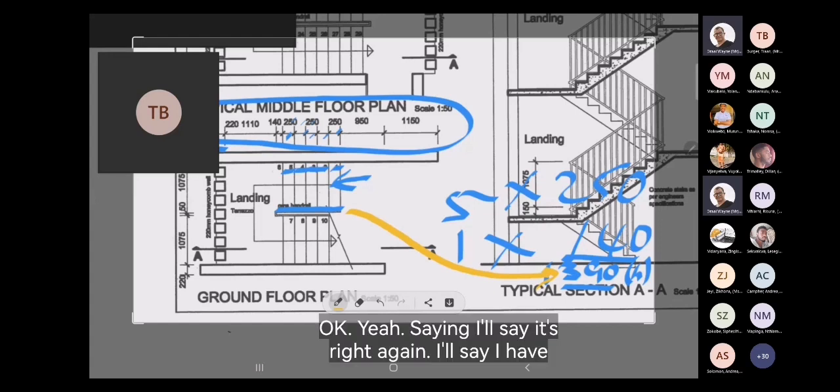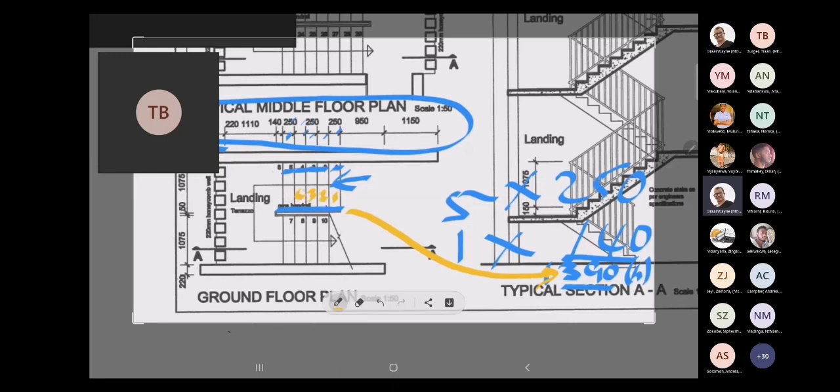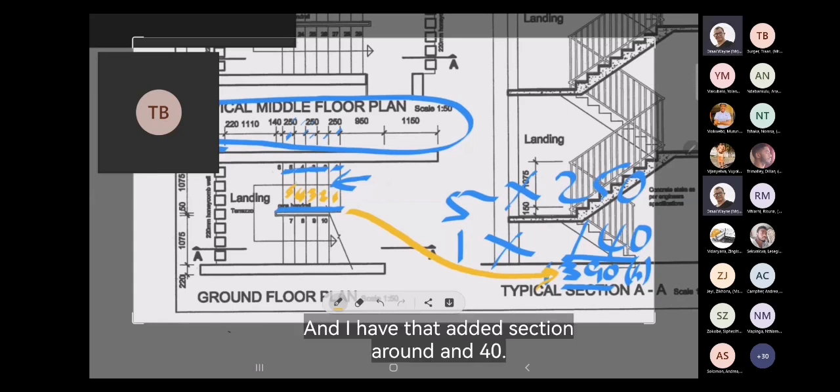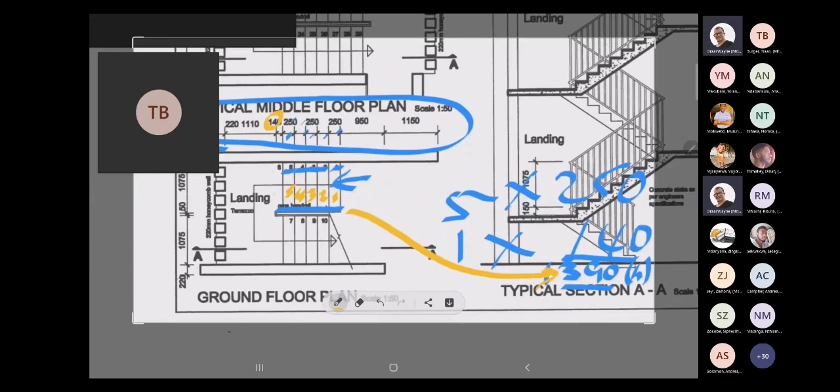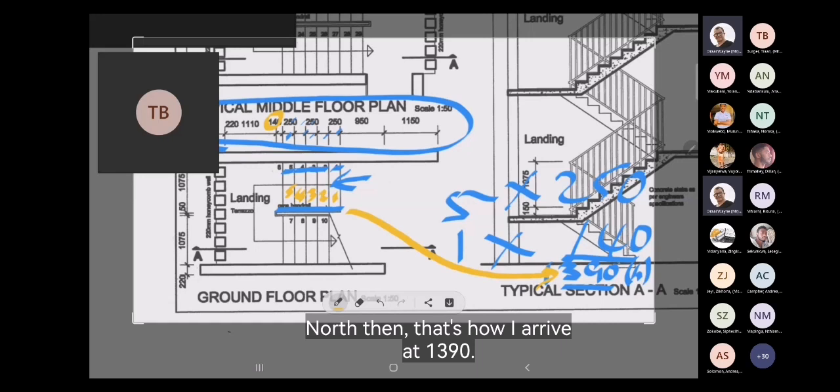Then I'll say it again: I have 1, 2, 3, 4, 5 treads, and I have that added section of 140 over there. That's how I arrive at 1390.